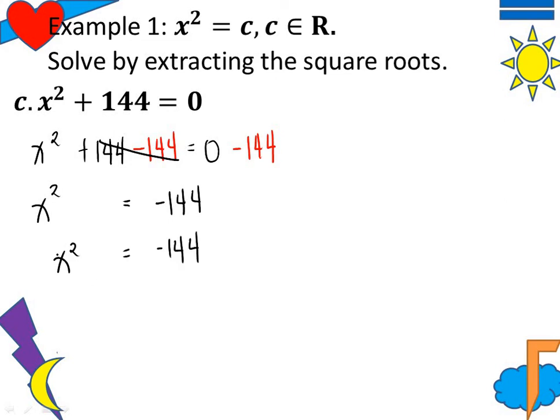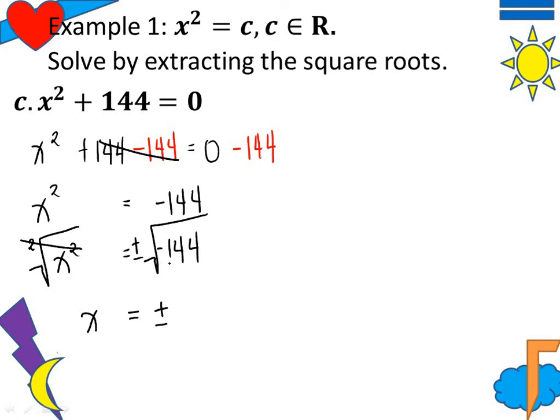Apply square root property. So we have here square root of x squared is equal to positive, negative square root of negative 144. Tandaan, dahil ito ay square root, ang index nito ay 2. So 2 divided by 2 is 1. Lalabas ang x sa loob ng square root symbol. So we have here x is equal to positive, negative.